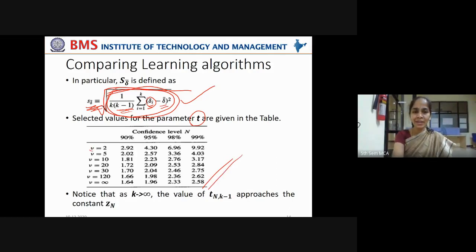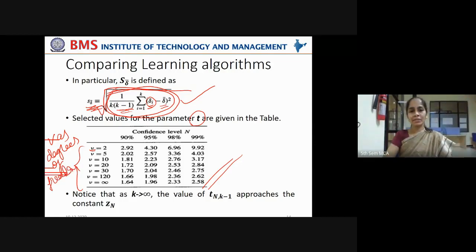Now this v is nothing but the degrees of freedom. Let us take this v as degrees of freedom. Degrees of freedom means, if you have 2 variables, 5 variables, or 10 variables, that is the number over which you can distribute the error.